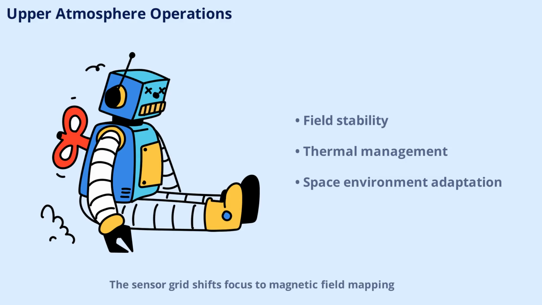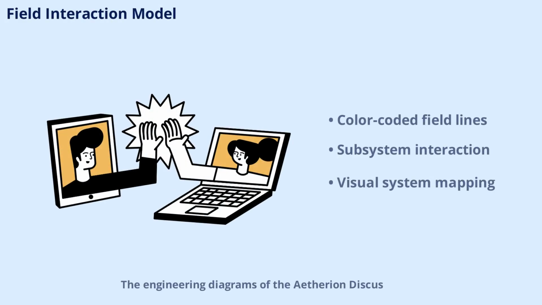The sensor grid shifts focus to magnetic field mapping, radiation monitoring, and inertial tracking, ensuring safe and efficient operation in extreme conditions. The engineering diagrams of the Aetherion Discus use colored field lines to illustrate system interactions.